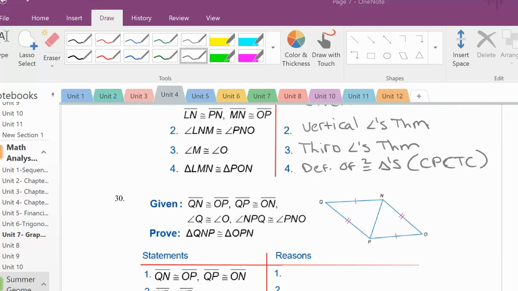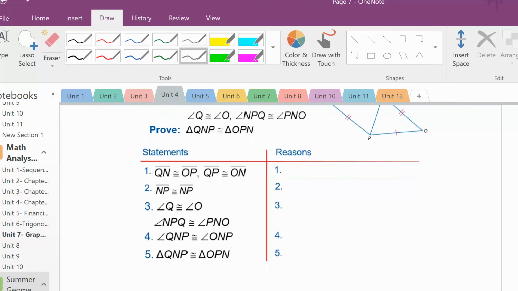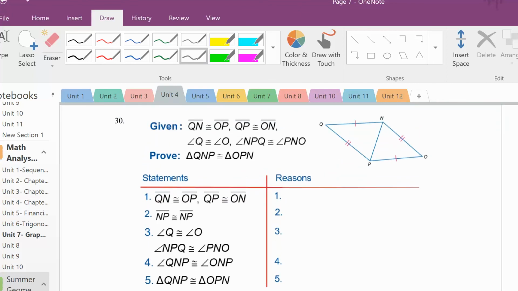So the next one, pretty similar. It gives you QN is congruent to OP. It gives you QP is congruent to ON. Angle Q is congruent to angle O, so we'll mark that.